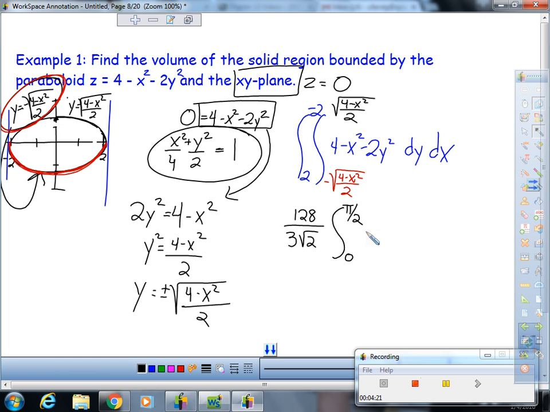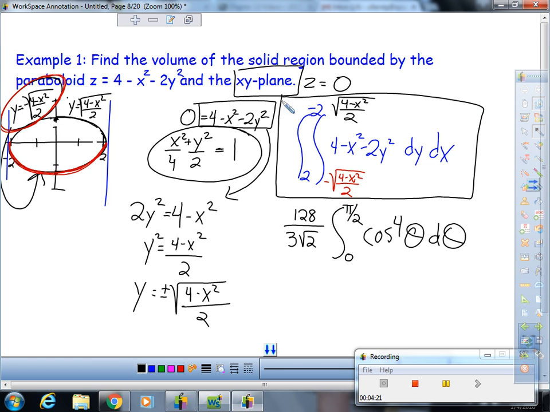Here we would have cosine to the 4th of theta d theta. Remember, we virtually substituted in x equals 2 sine of theta, which is why now we don't have dx left anymore. We have d theta left. If you're confused about this, you're not confused about what's new. I hope that you all understood how we set it up.